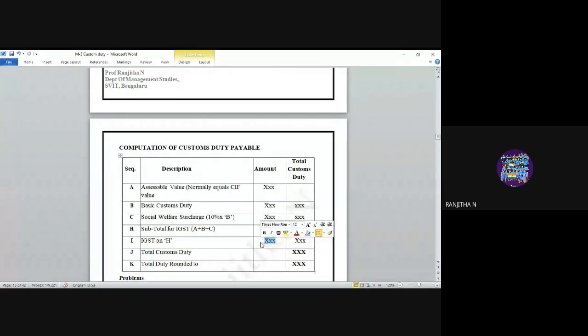This is also a surcharge that I'm going to pay to the government, and coming to this third one, IGST, this is also one of the duties that I'm going to pay to the government. I'm just adding the duties which I want to pay to the government. Just take basic customs duty, social welfare charges, and along with that IGST. Add these three things, and after adding them, you are going to get the total customs duty payable.